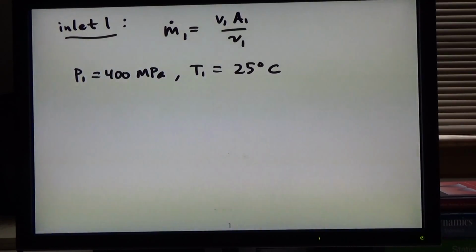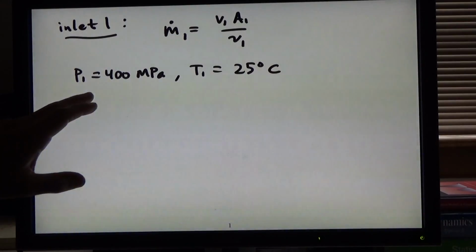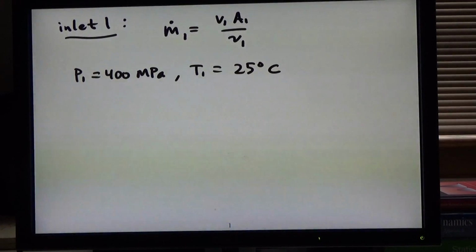This is just a problem where we're looking up the specific volume of water based on the given pressure and the given temperature. We use the same process that we've been using since the beginning of chapter 3. We have to first determine the phase of the water.